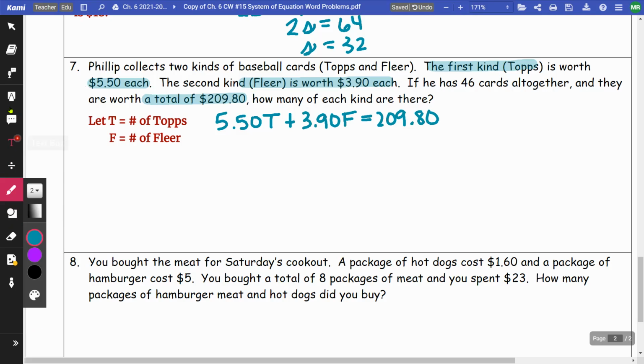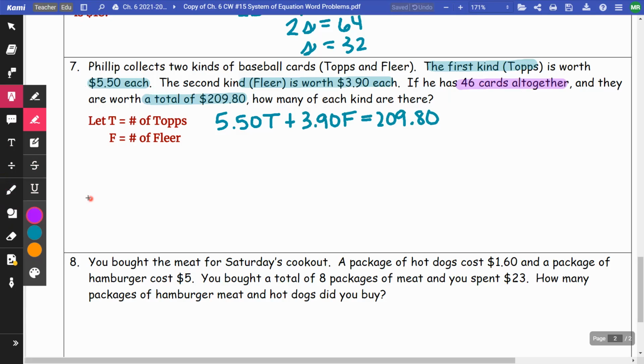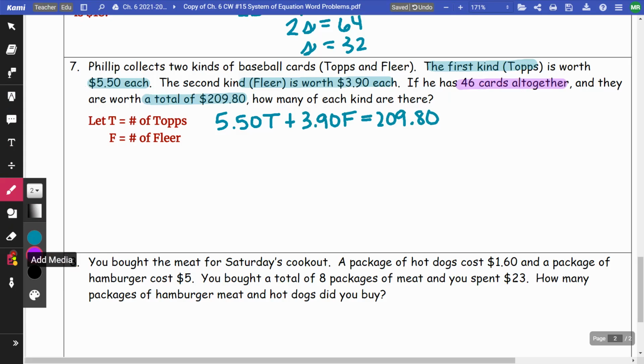The second equation is going to be dealing with 46 cards altogether. So that means T plus F is equal to 46.